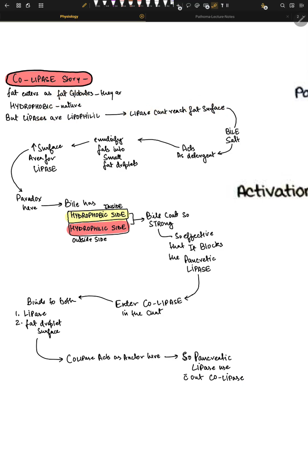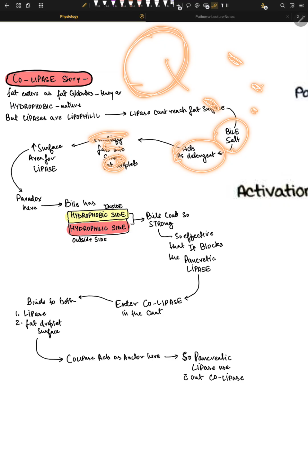So bile salt comes and acts as a detergent and emulsifies fats into small fat droplets. We had big fat and now we have small fat. This leads to increased area for lipases to work on, so now lipase can go and act because it has more surface.